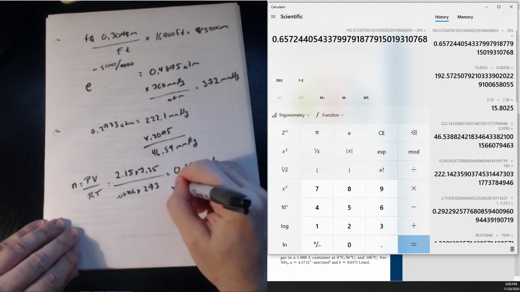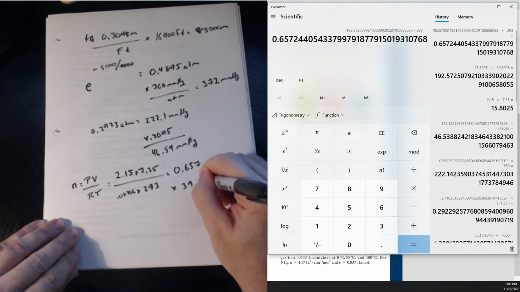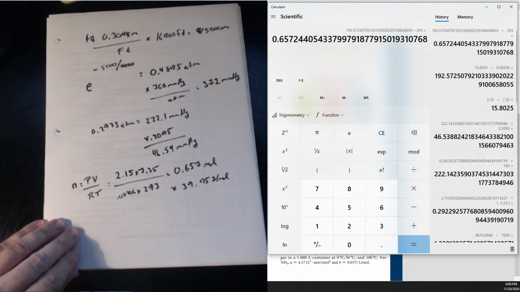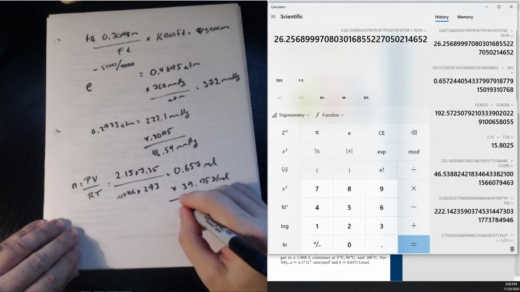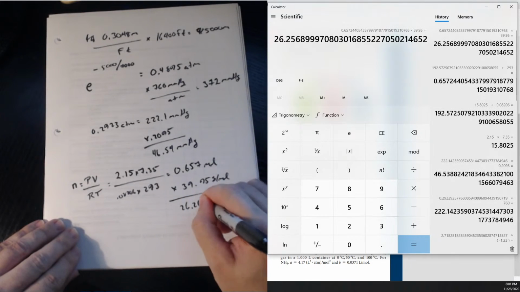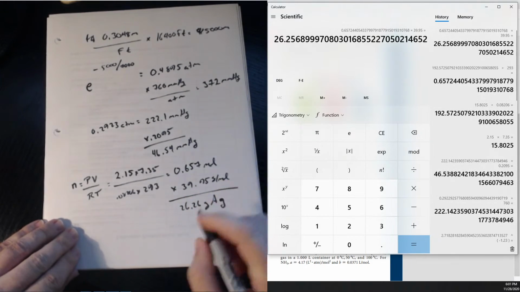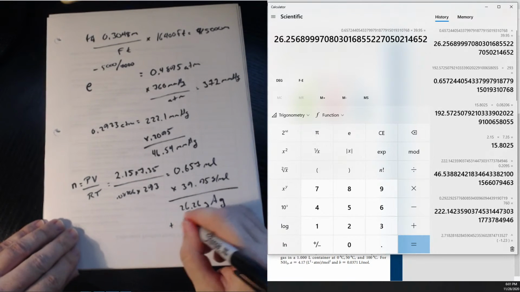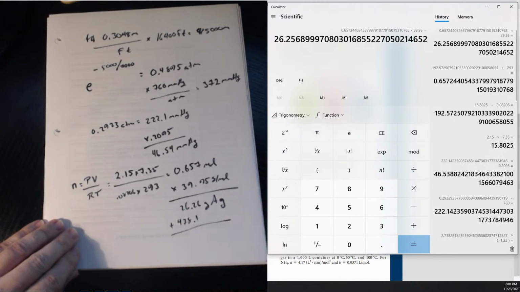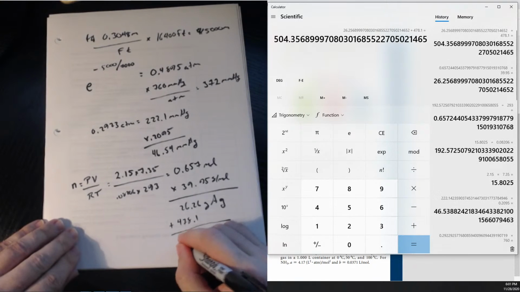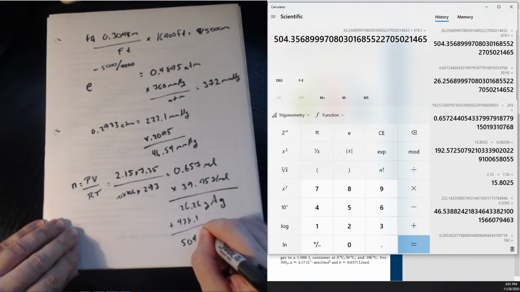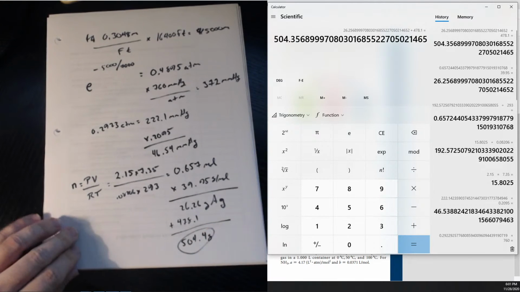And then we're going to multiply that by 39.95 grams per mole. That gives us 26.26 grams of argon, which we then add to the mass of the flask, which was 478.1. The new mass will read 504.4 grams.